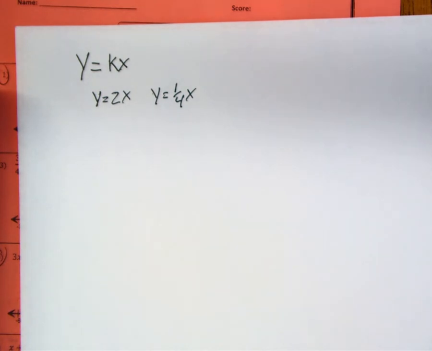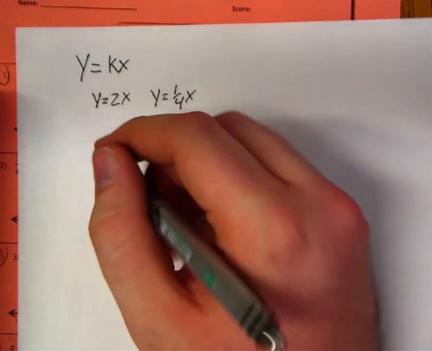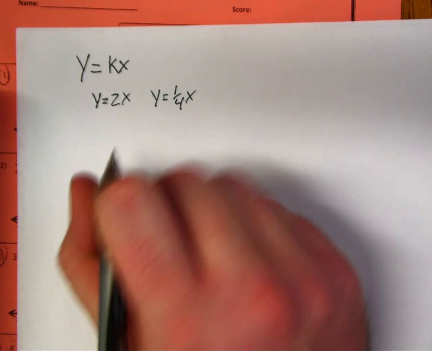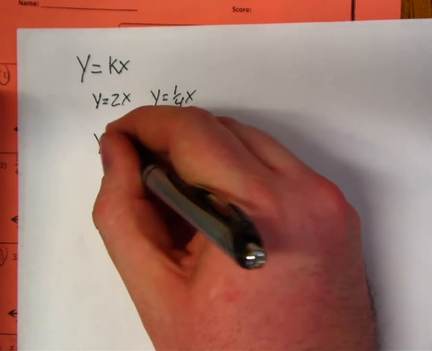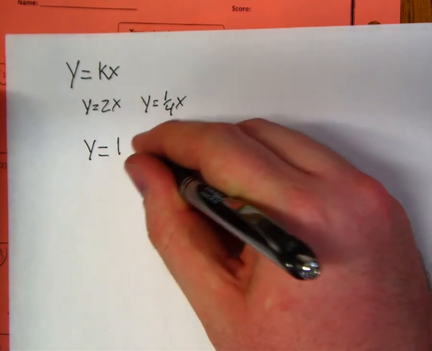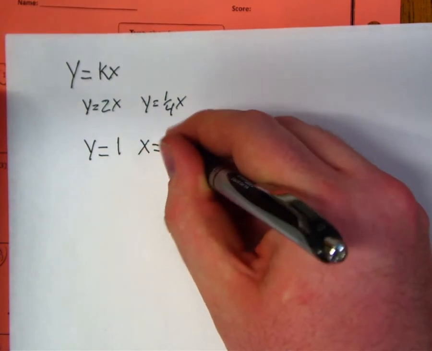That was one of our special types of problems. What we were basically told is there's a direct variation between y and x, and so we have a proportionality. And then they told us something like y is equal to 1 and x is equal to 5.